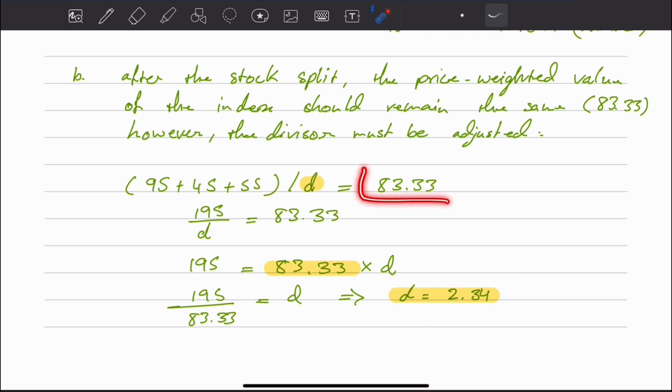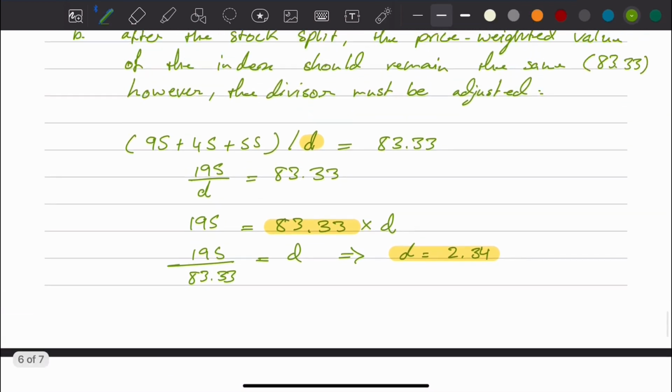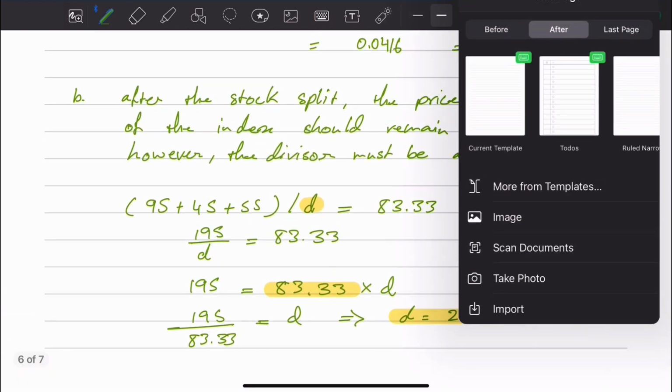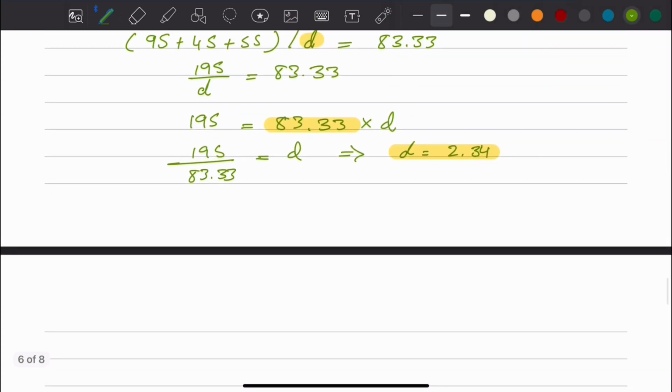It will give you the same price-weighted value of the index, 83.33. So you have two options. You can answer right away that the rate of return is 0 because there was no change in the value of the index between time 1 and time 2, or you can do it mathematically. Let's do it mathematically to make sure everything is clear.